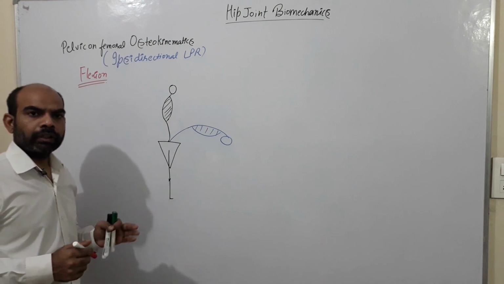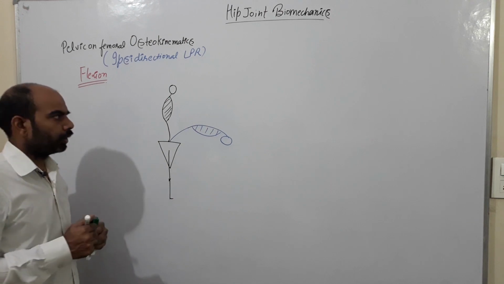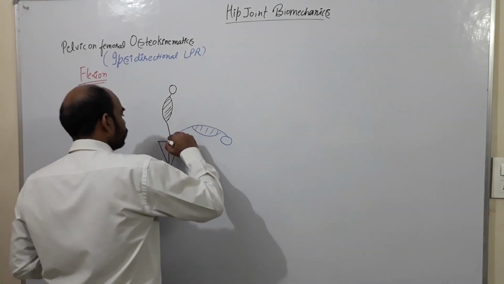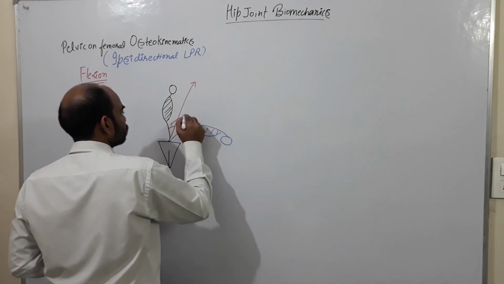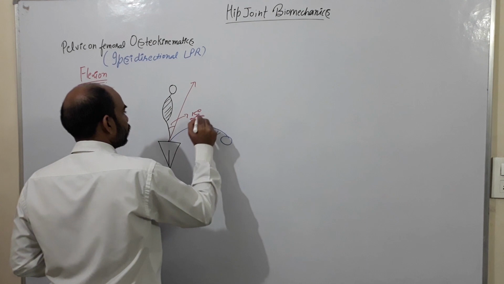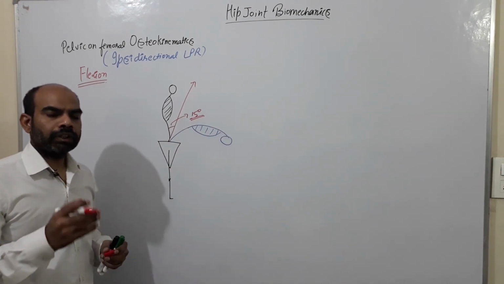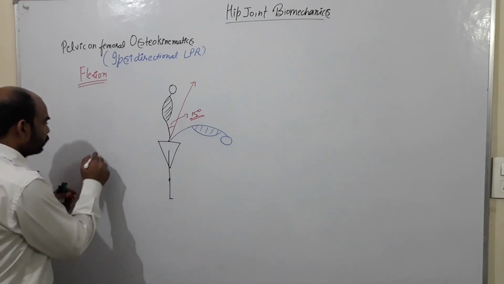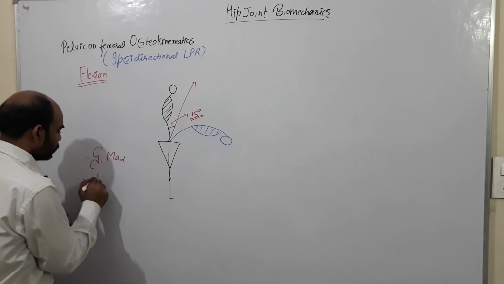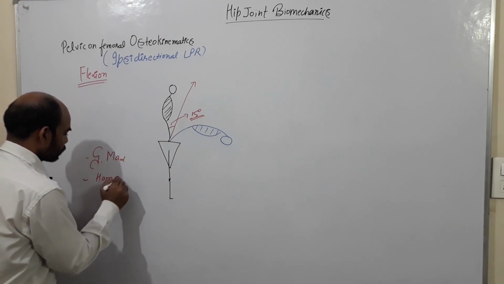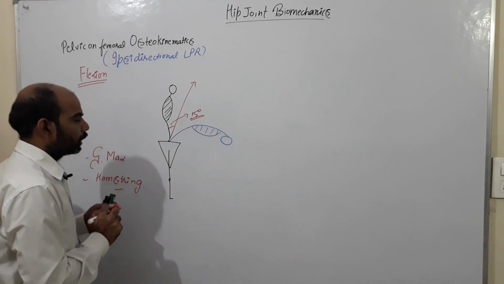In neutral position, there is no activity of gluteus maximus and medius, or very mild activity, and up to 15 degrees of trunk flexion, both gluteus maximus and hamstring muscle activity is slightly increased.